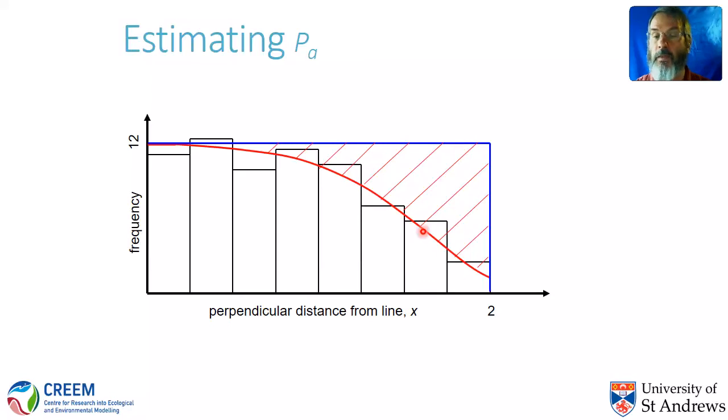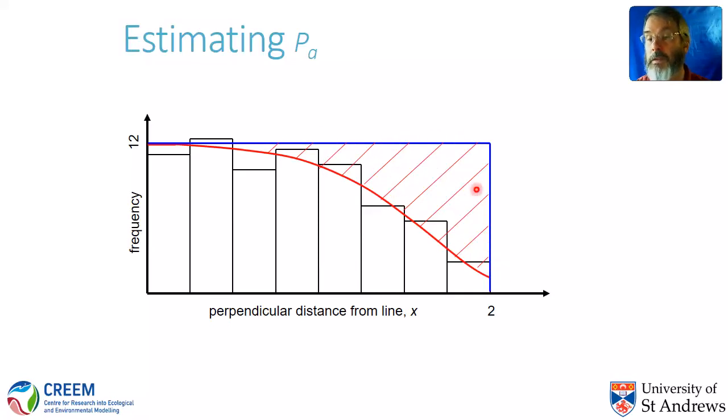And so the region in red stripe represents animals missed, because if this detection function didn't drop off, then you would detect all of them.